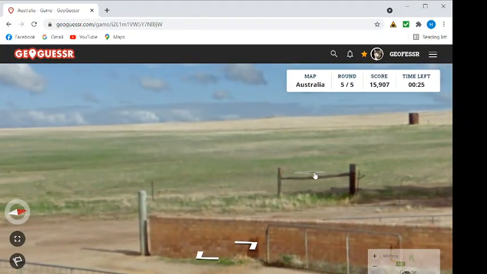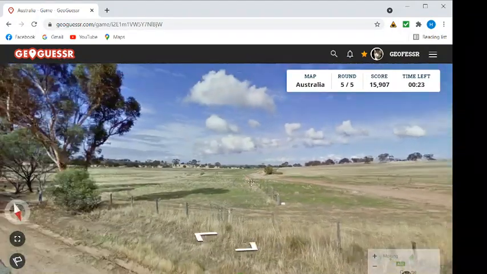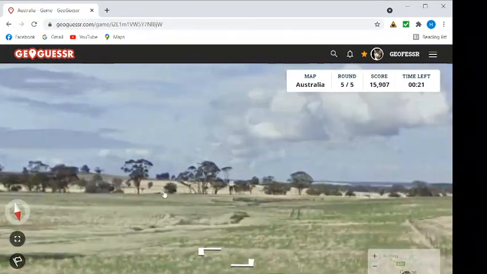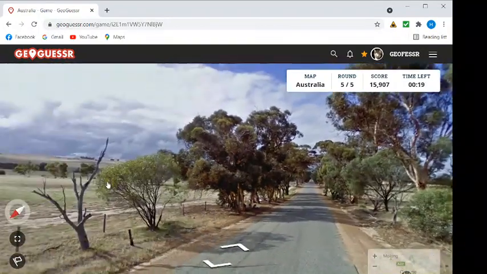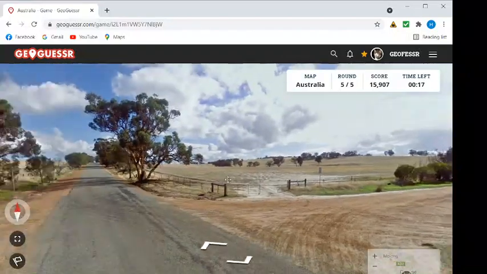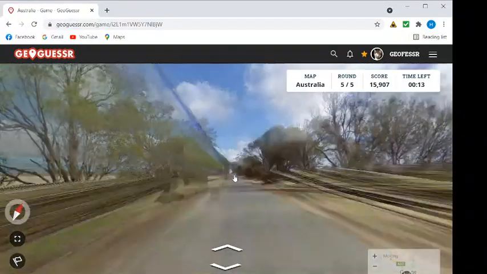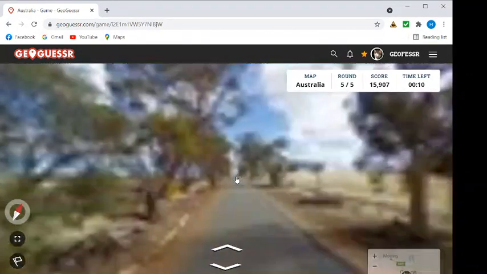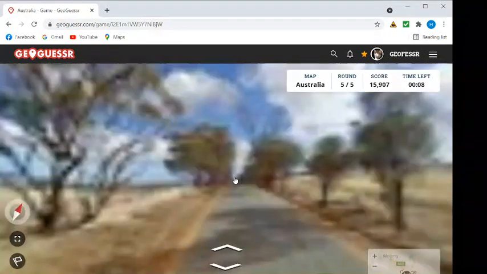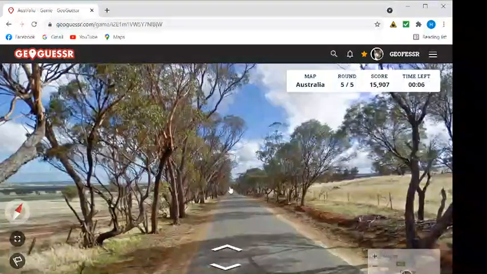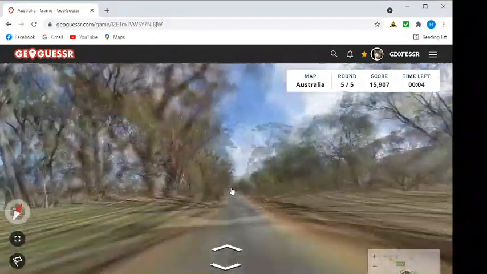It doesn't have trees. Not much vegetation around Newman. But I'm thinking that this is probably interior New South Wales from what I remember about what Australia looks like.